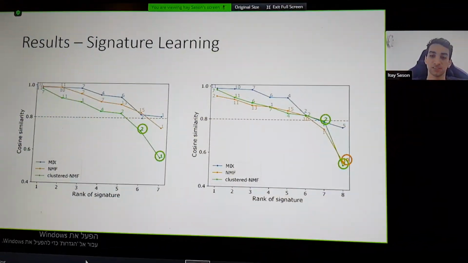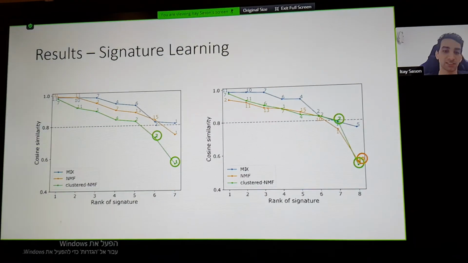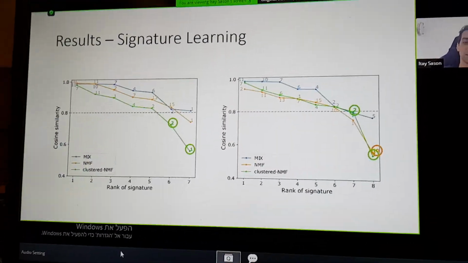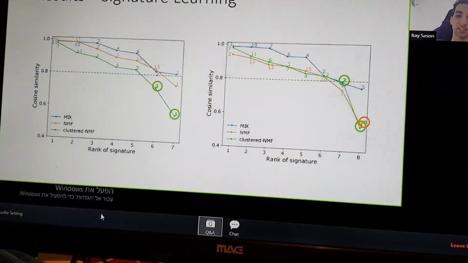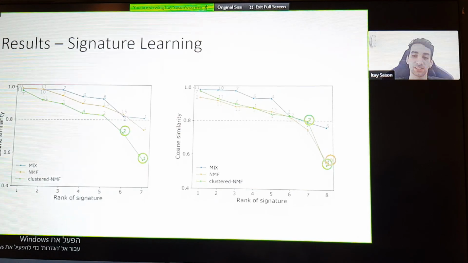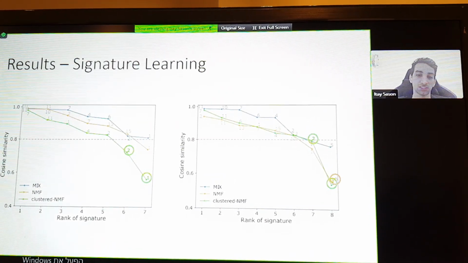The other 2 methods tend to learn duplicate and worse signatures on their own. Another interesting result is that Mix and NMF learn different signatures. NMF learned signatures 13 and 15, while Mix learned 4 and 6, suggesting they give a different view over the data.